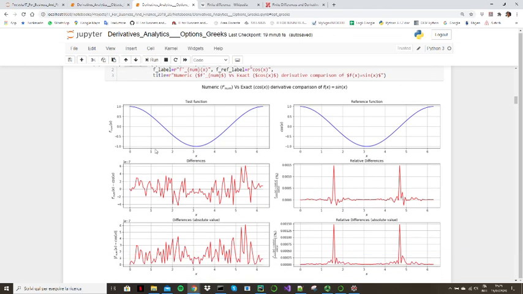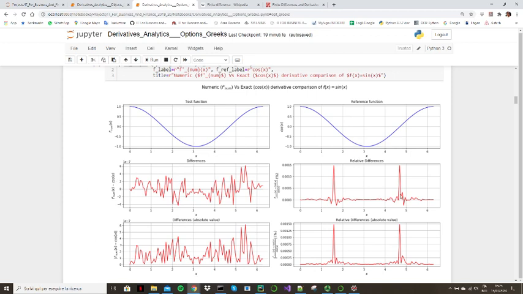So this plot compares, on the left, the numerical approximation of the derivative. On the right you have the exact derivative, the reference function, so that is our benchmark. Then here is the difference, the absolute difference between our numerical approximation and the cosine, the exact evaluation.